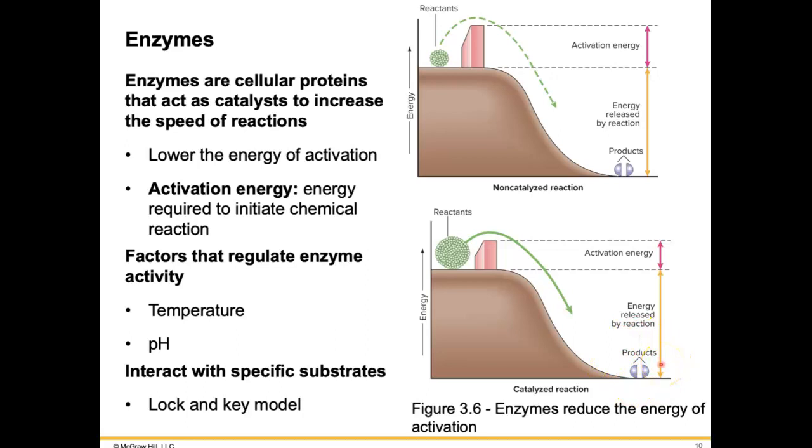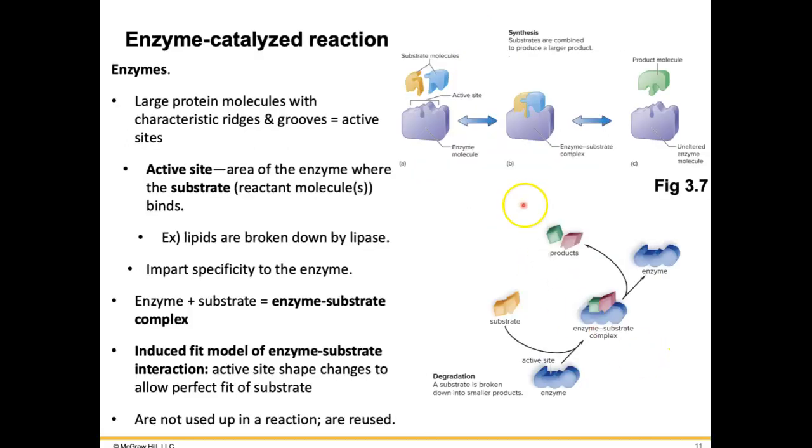Certain factors regulate enzyme activity, such as temperature and pH, and we'll talk about that in a coming slide. When an enzyme is present, the substrates need to fit almost perfectly, not exactly, but very close to the ridges and crevices within the enzyme.